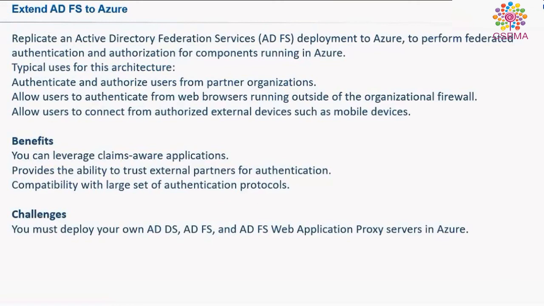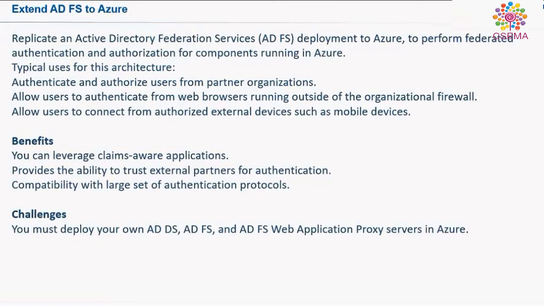Typical uses of this architecture, rather: authenticate and authorize users from partner organizations. Say if you want to do that, allow users to authenticate from web browsers running outside of your organizational firewall. Allow users to connect from authorized external devices such as mobile devices.